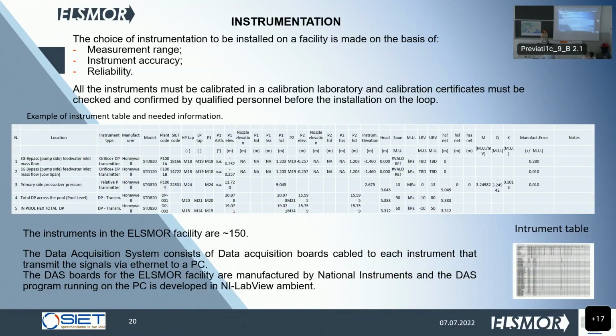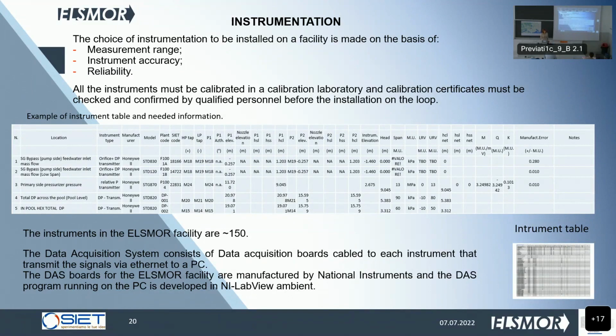First is the measurement range. We know about how much the differential pressure is between points in the plant. So we need to choose differential pressure transducers adequate to measure that differential pressure. So the measurement range is fundamental.